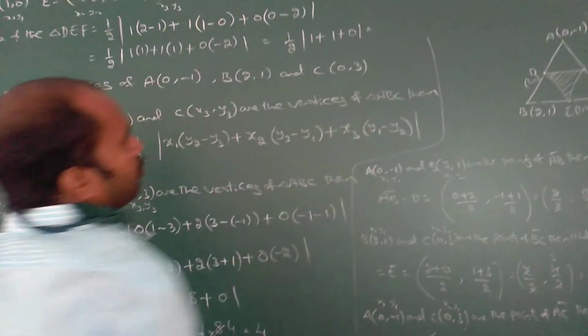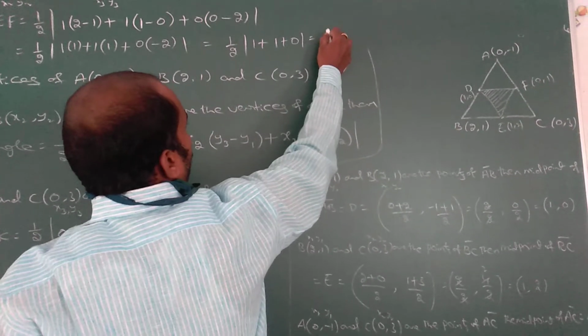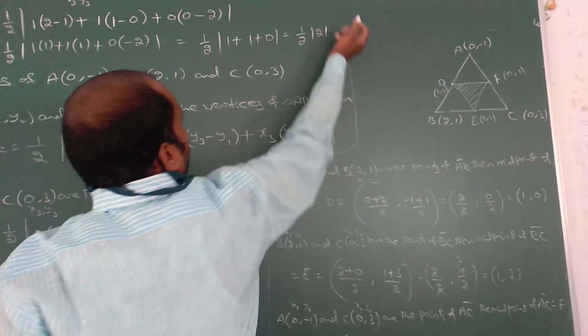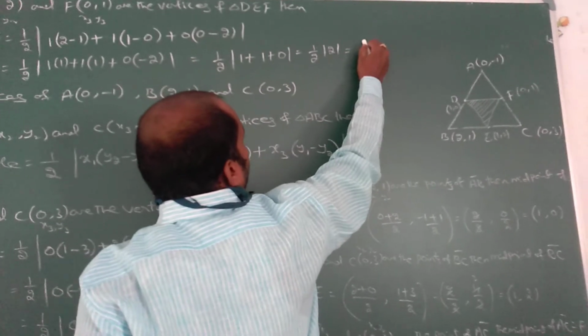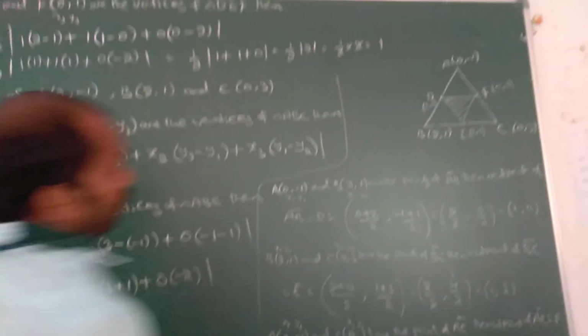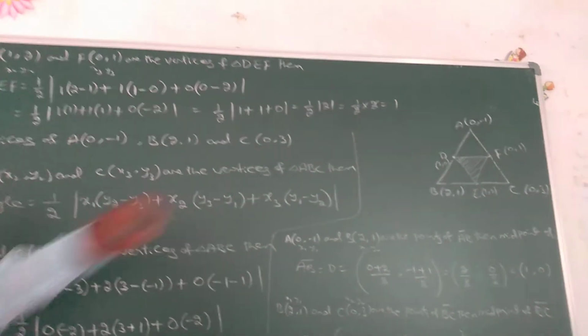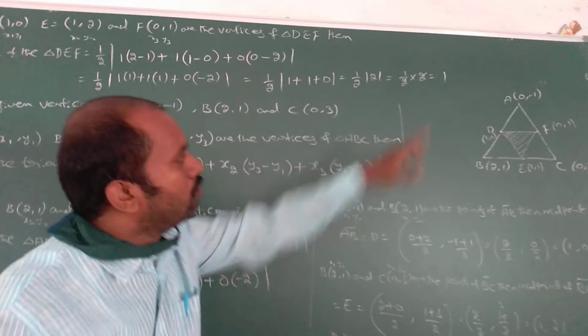Now 1 plus 1 is 2, 2 plus 0 you get 2. Modulus of 2 is already positive, so remove the modulus: 1 by 2 into 2 is equal to 1. That is the value of the area of triangle DEF, which is 1.